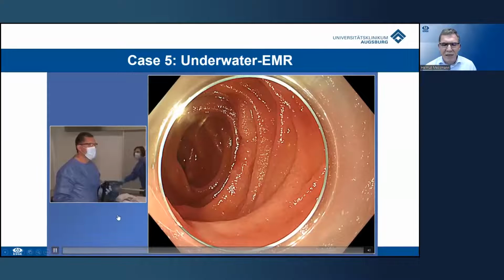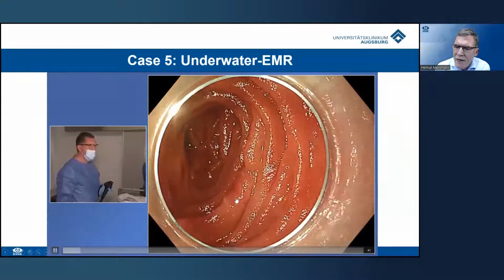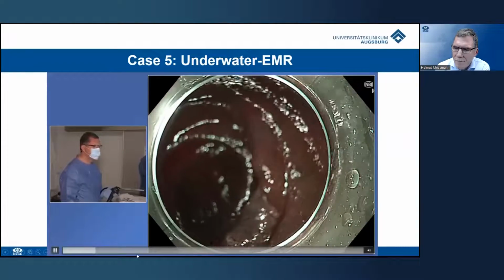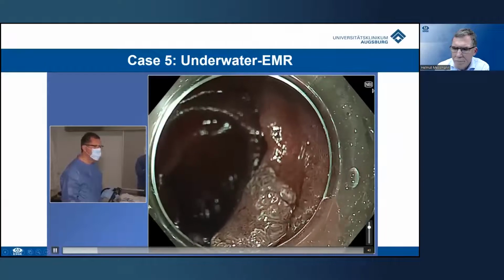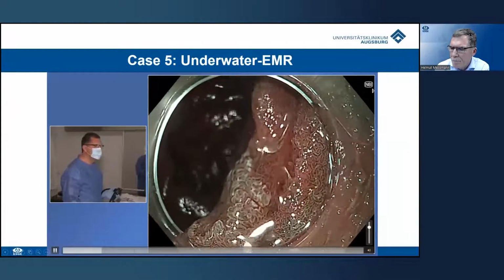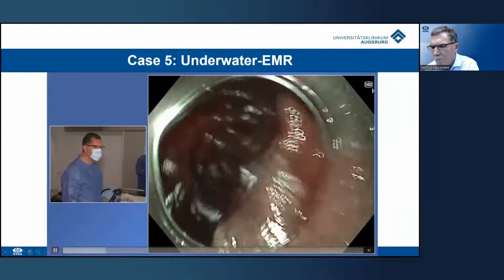Now another technique is underwater EMR. I show you another nice small lesion here in the duodenum. We inspect the lesion. It's a little bit depressed in the middle.